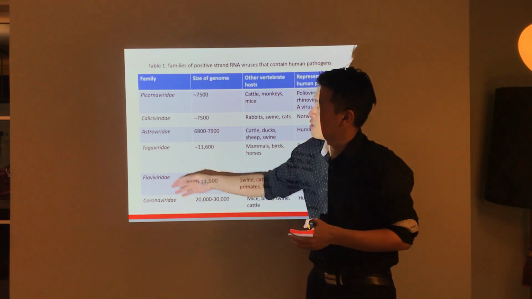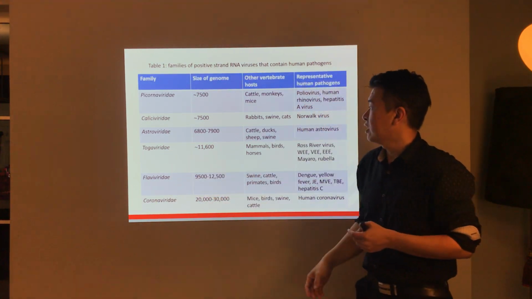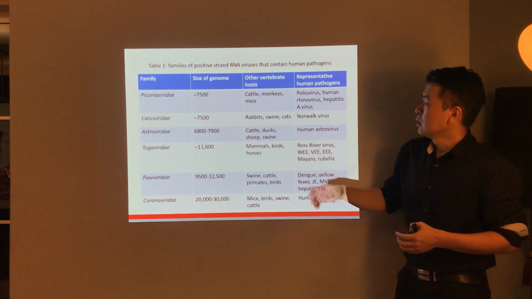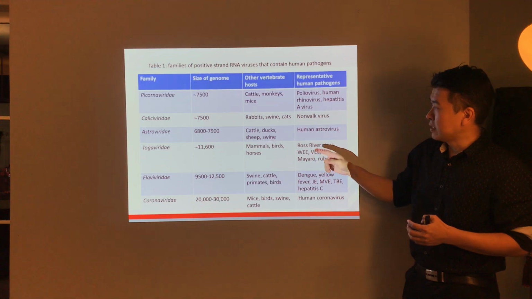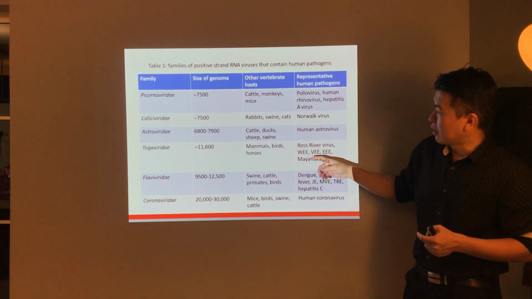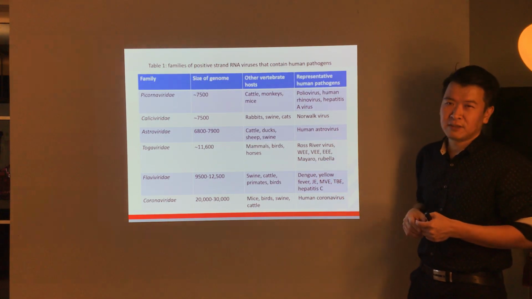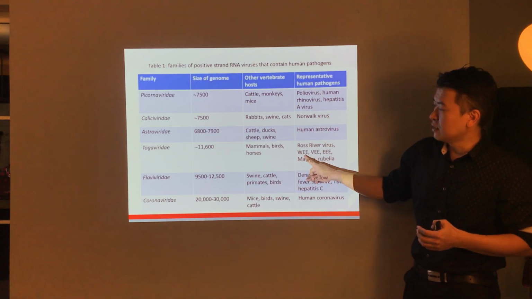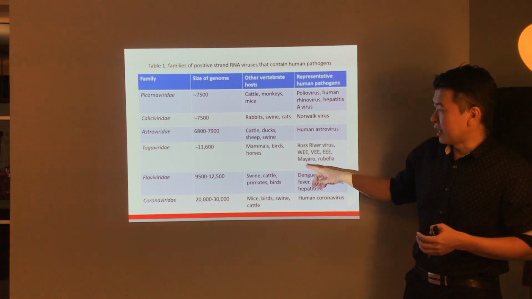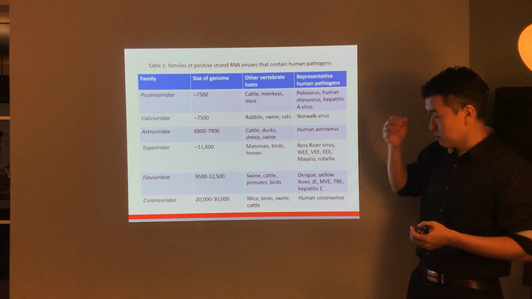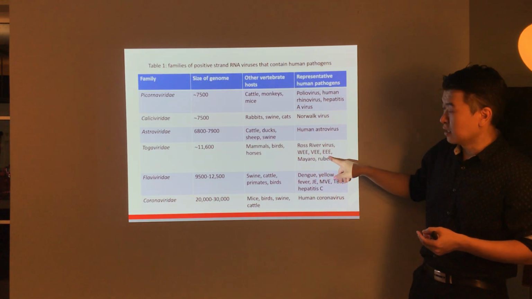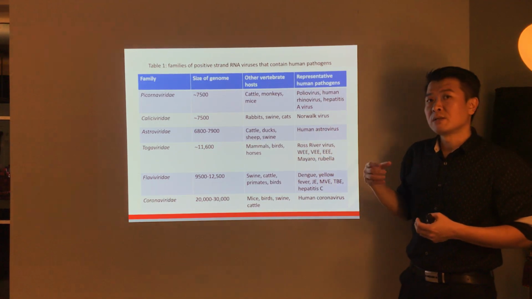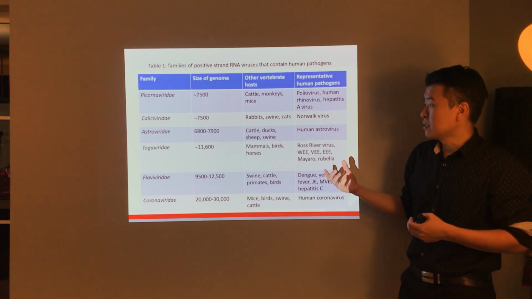Next one is Togaviridae. Now, Togaviridae have a genome size of almost 11,600 or more. The diseases caused by this group of viruses are Ross River virus, which is a mosquito-borne virus. We have Western equine encephalitis, Venezuelan equine encephalitis, as well as Eastern equine encephalitis. So these are the mosquito-borne diseases.